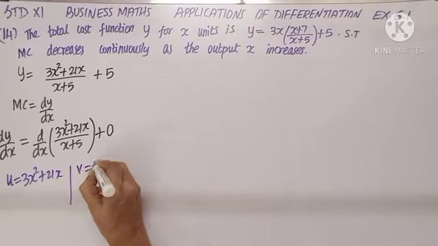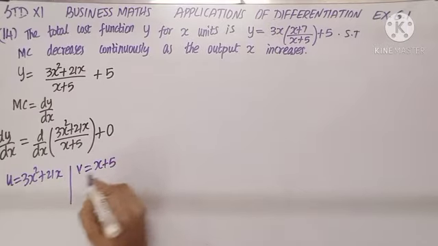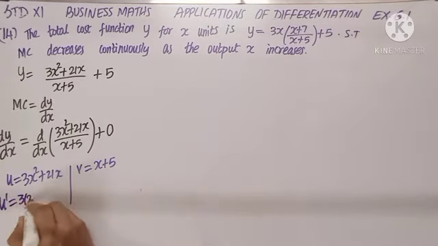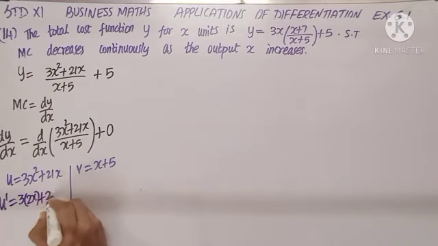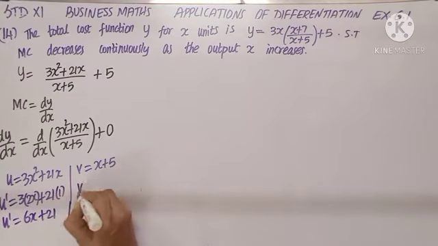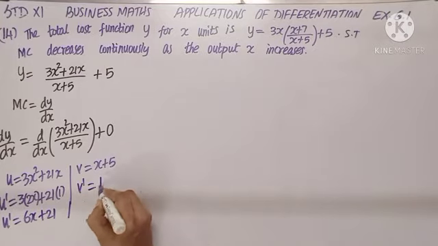Treat the denominator as v, that is x plus 5. Find out u dash. 3 into x square becomes 2x, plus 21 into x becomes 1, so u dash is 6x plus 21. V dash, x becomes 1.